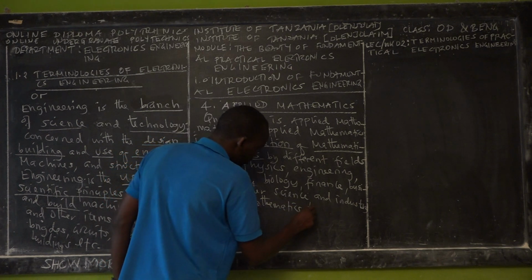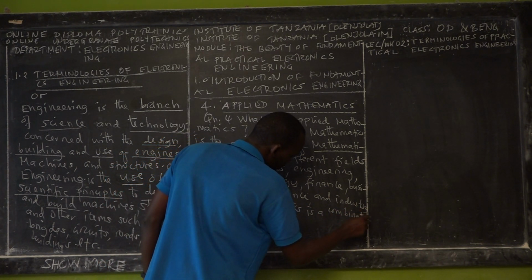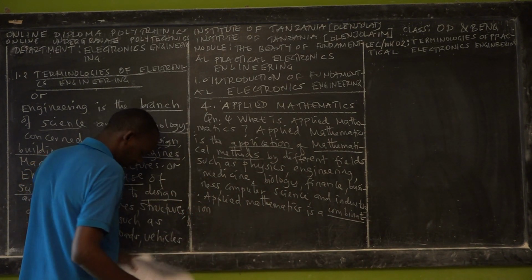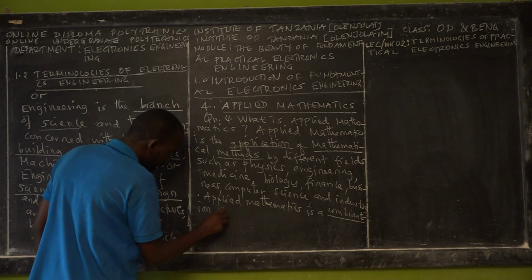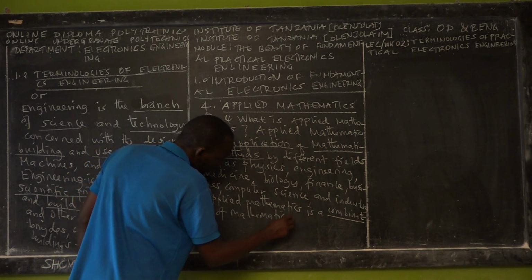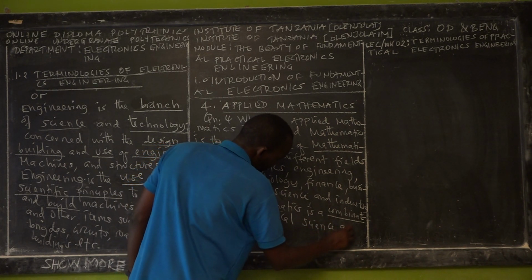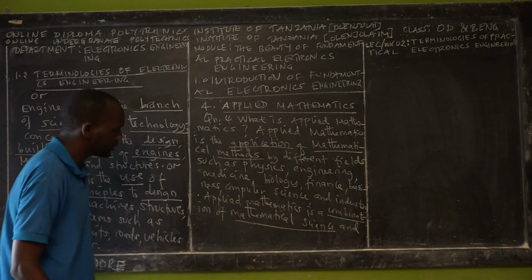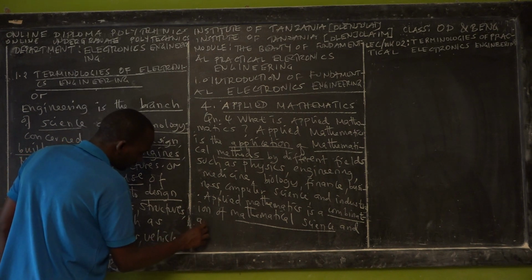Applied mathematics is a combination of mathematical science and specialized knowledge.